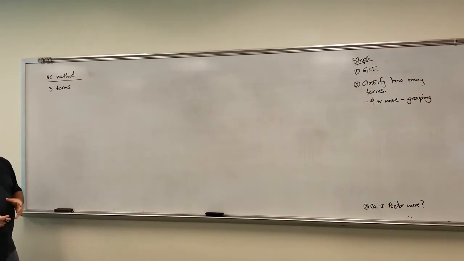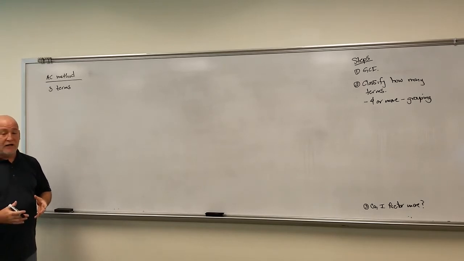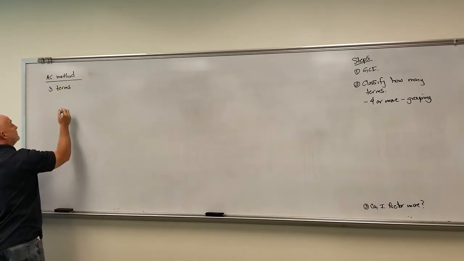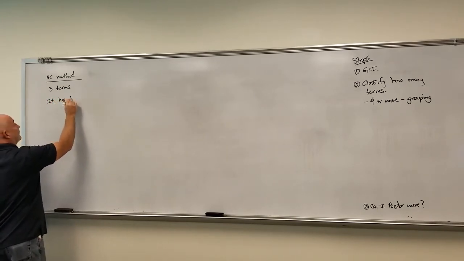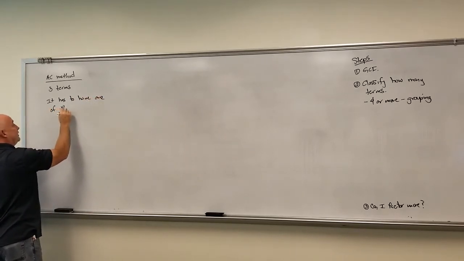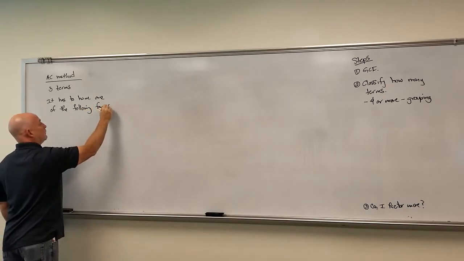Now, unfortunately, if you have 3 terms, you can't always use the method I'm going to use. It has to have a specific form. So to be able to do what's called the AC method, it has to have one of the following forms.